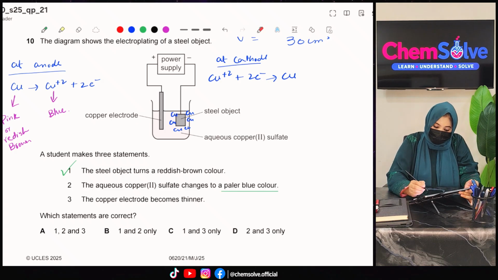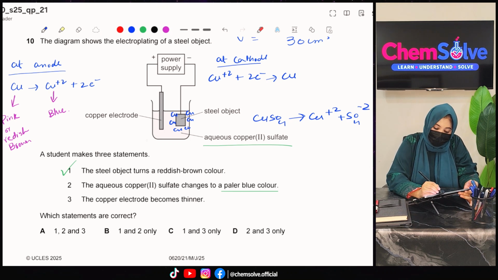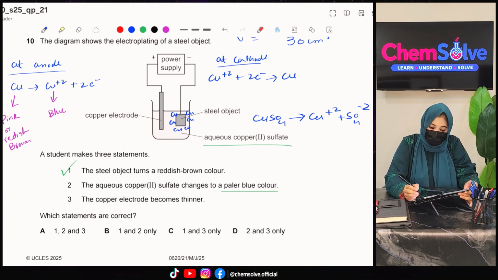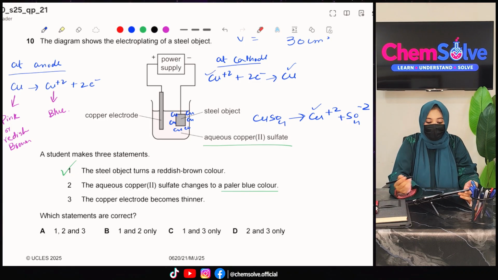Okay, so our electrolyte is copper sulfate. It will be ionized into copper positive 2 and SO4 minus 2. In solution, there are a lot of copper positive 2 ions. If there are a lot of copper positive 2 ions and they are again turning into copper, there is no change at all. Copper positive 2 ions are here, copper positive 2 ions are here, and they are forming the copper again.